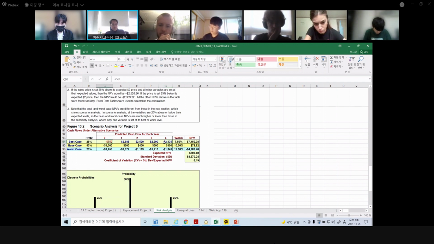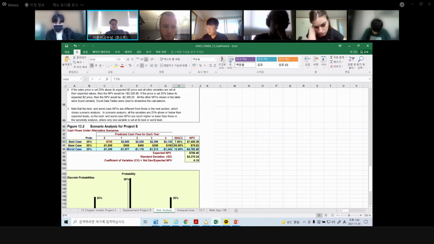Furthermore, WACC is going to decrease because WACC should move in the positive way with respect to net present value. So WACC should decrease to 7.5% from 10%, if we set the range at plus or minus 25%, right?